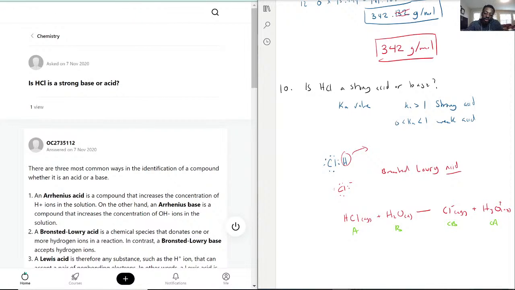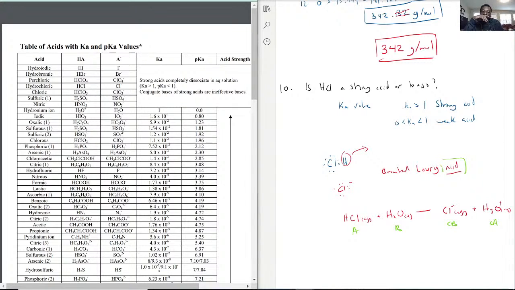It also follows that because it goes from acid to conjugate base, it's giving away a proton, which supports that it is indeed an acid. Now to find out if it's strong or weak, we go straight to this sheet here, or you've memorized this. As we stated, Ka has to be greater than 1 for it to be a strong acid. So we look at where hydrochloric acid is. It's all the way up here. Anything above hydronium ions, which is at 1 for the Ka, has a Ka greater than 1.